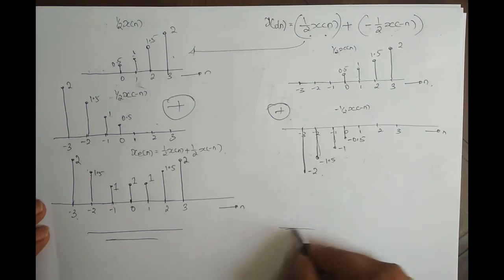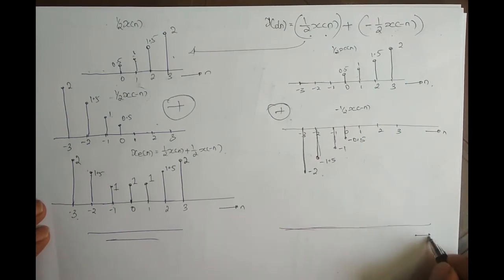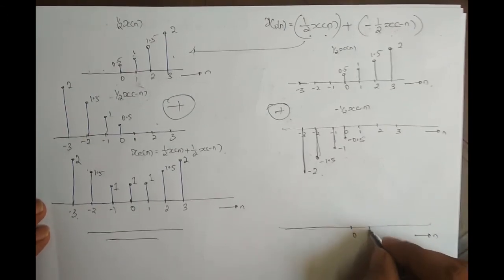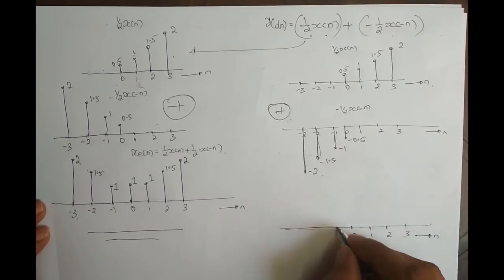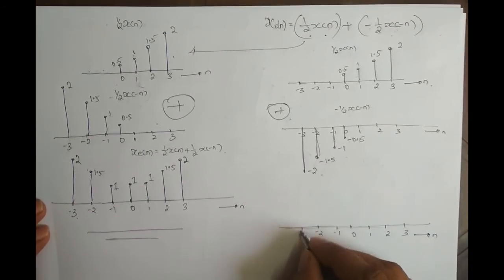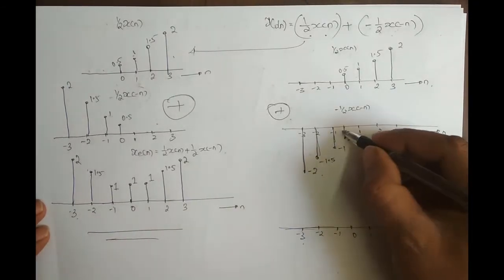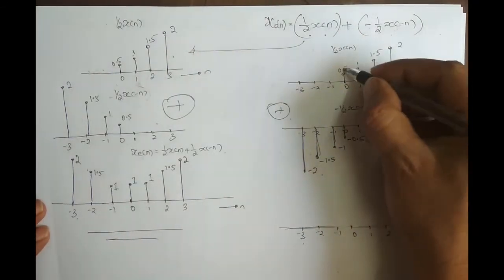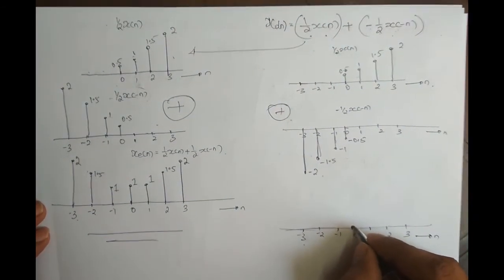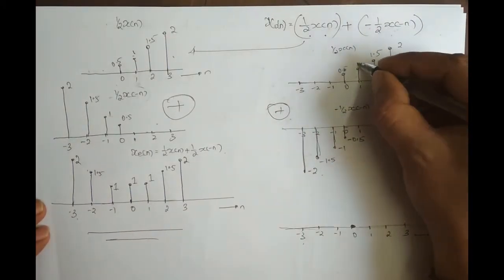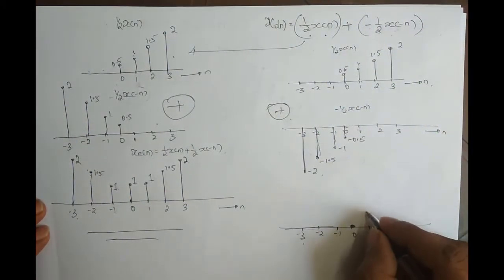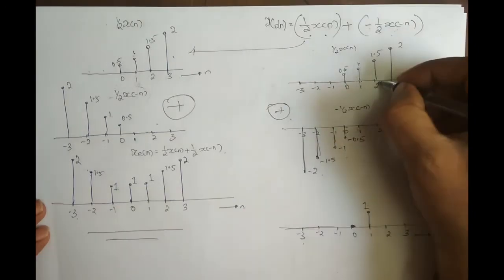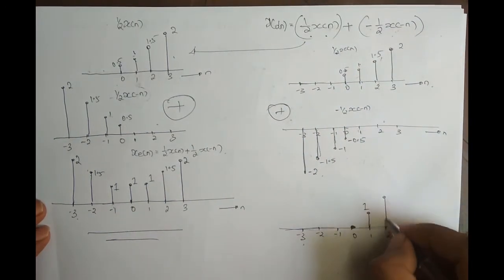So now the resultant signal is, so n equal to 0, 1, 2, 3, minus 1, minus 2, minus 3. At n equal to 0, 0.5 plus minus 0.5, it is 0, cancels out, right? At n equal to 1, 1 plus 0, which is 1. At n equal to 2, 1.5 plus 0 is 1.5.